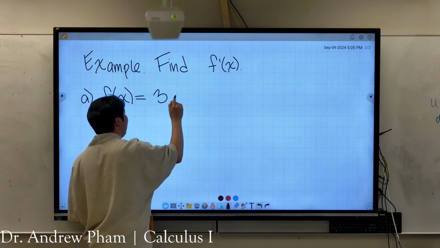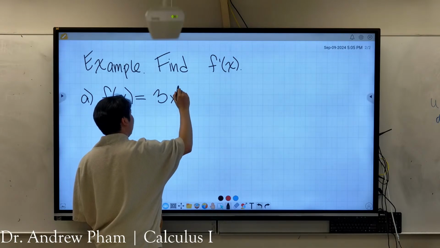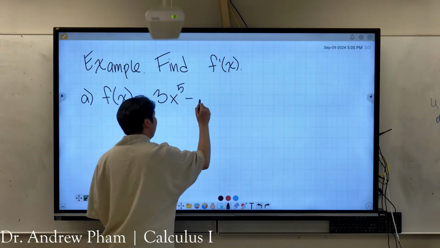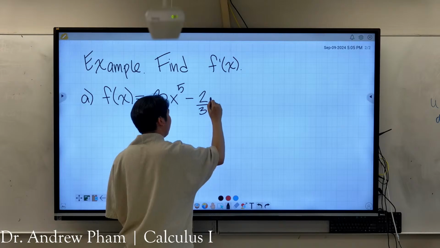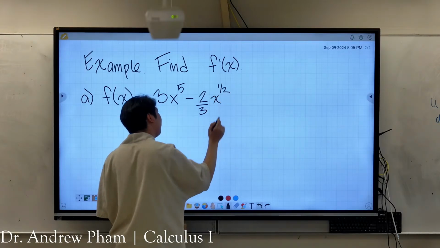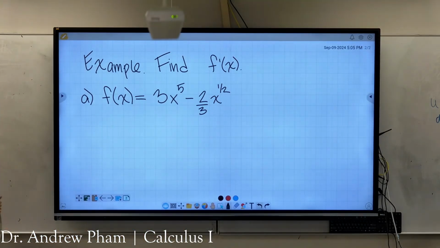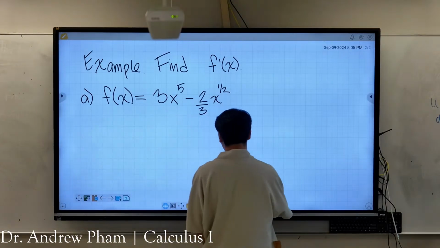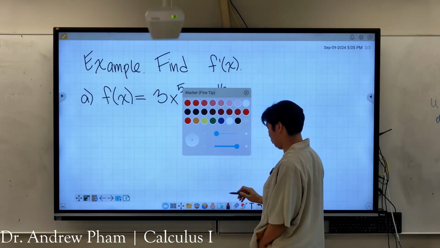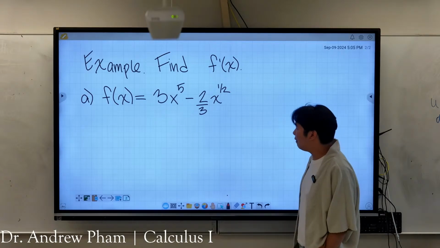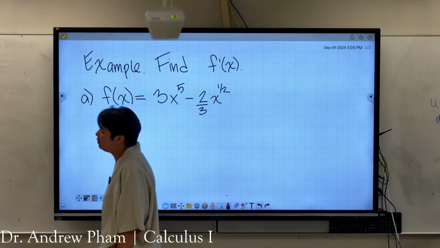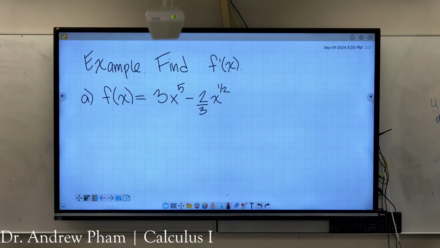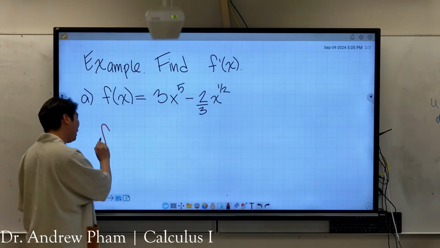Let's say I have 3x to the fifth power minus 2/3 x to the 1/2 power. Probably going to have 3 parts, but I'll write them up as we go through it. And I want the derivative f prime.